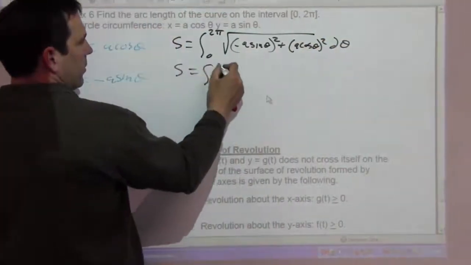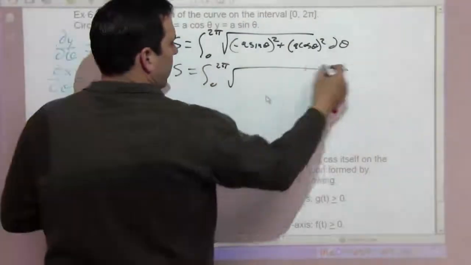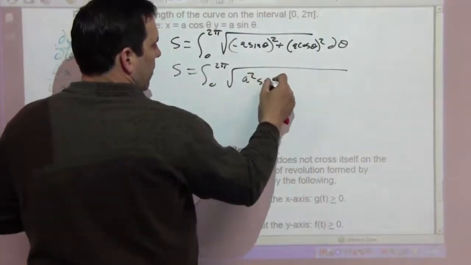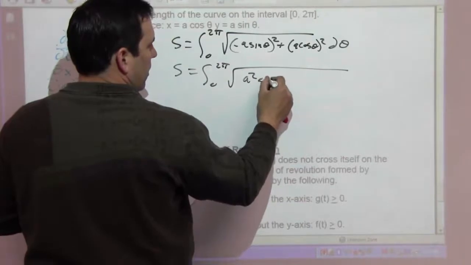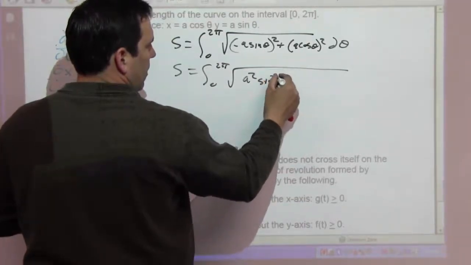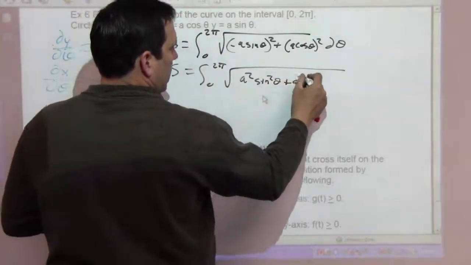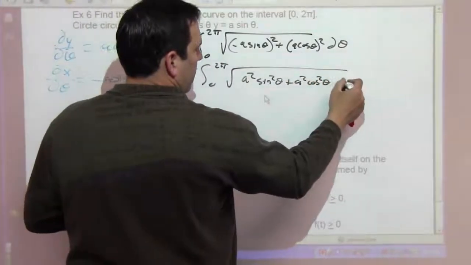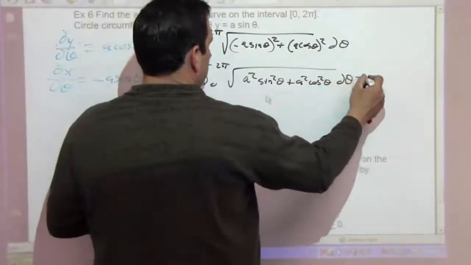S is the integral from 0 to 2 pi, square root of a squared sine squared theta plus a squared cosine squared theta d theta.